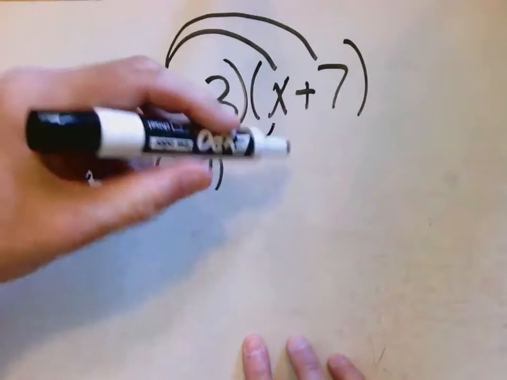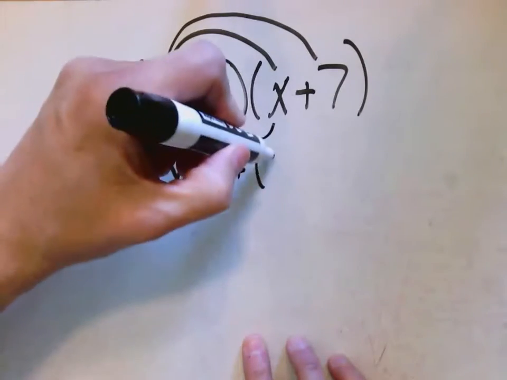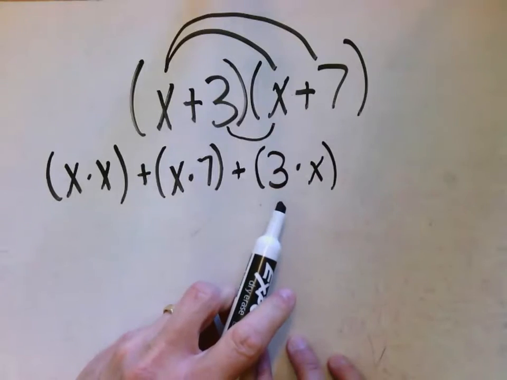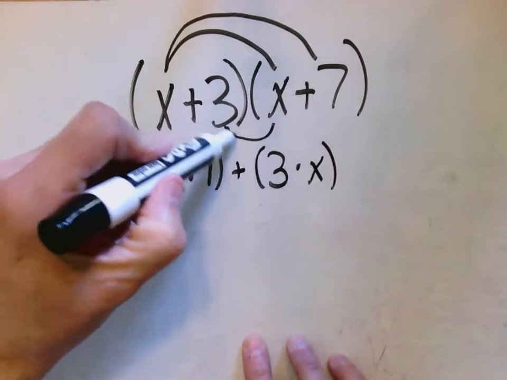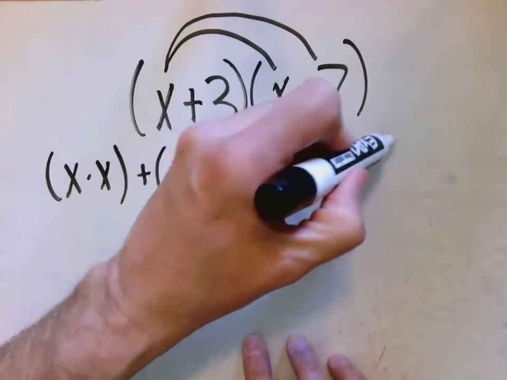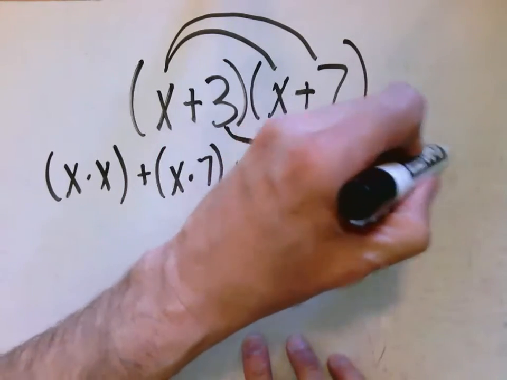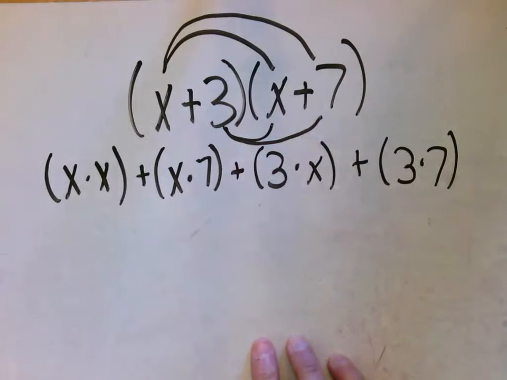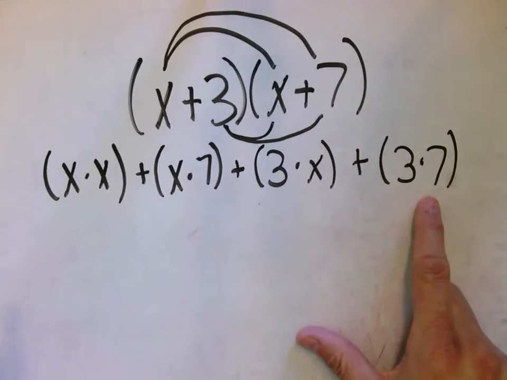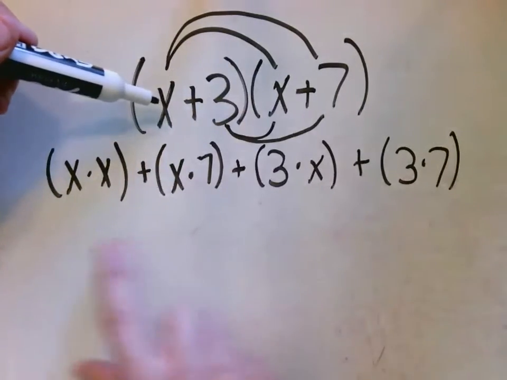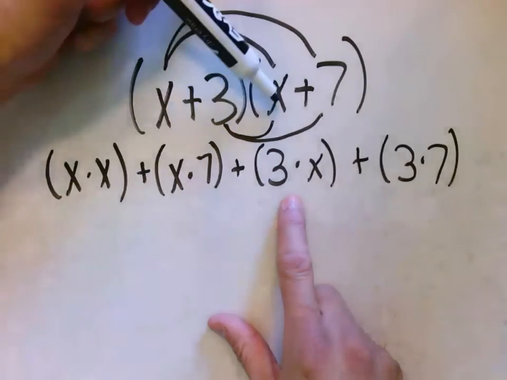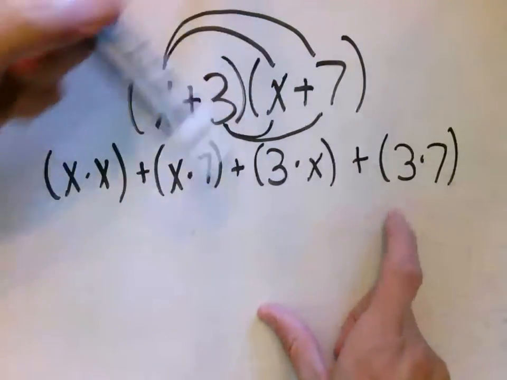So 3 times x, and then this last one, which is 3 times 7. Okay, so there we've got our 4 multiplication problems we're going to do: x times x, x times 7, 3 times x right here, and then 3 times 7.